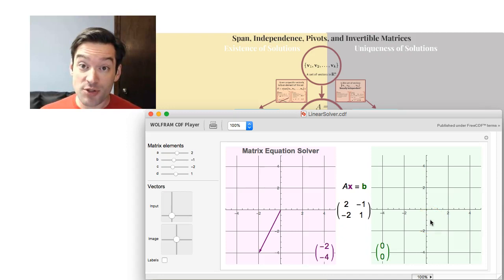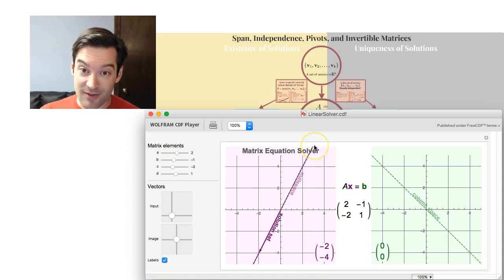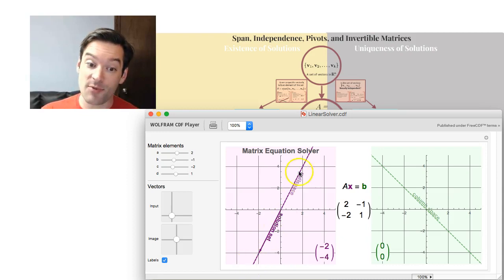So now the homogeneous equation has a bunch of solutions in it. There are a bunch of vectors which when multiplied by A give me 0. And so when we layer our terminology back on top of that, that means that the null space of this matrix is not just the 0 vector. It consists of an entire, what we say, vector subspace. In this case, it's a one-dimensional subspace or line.